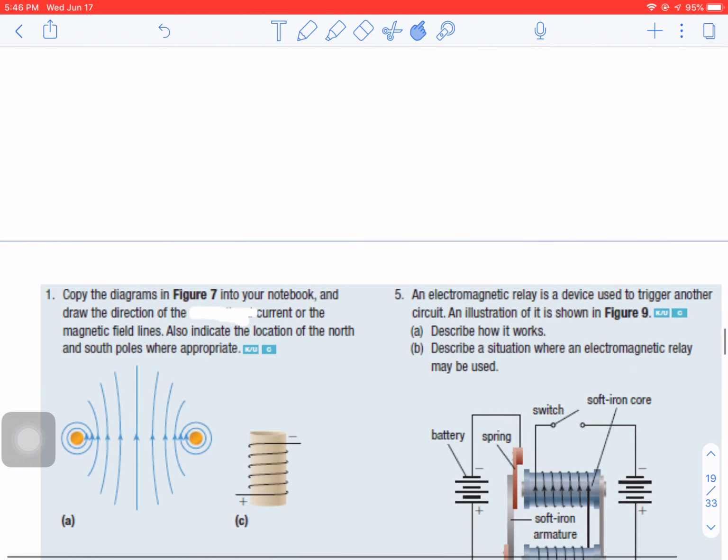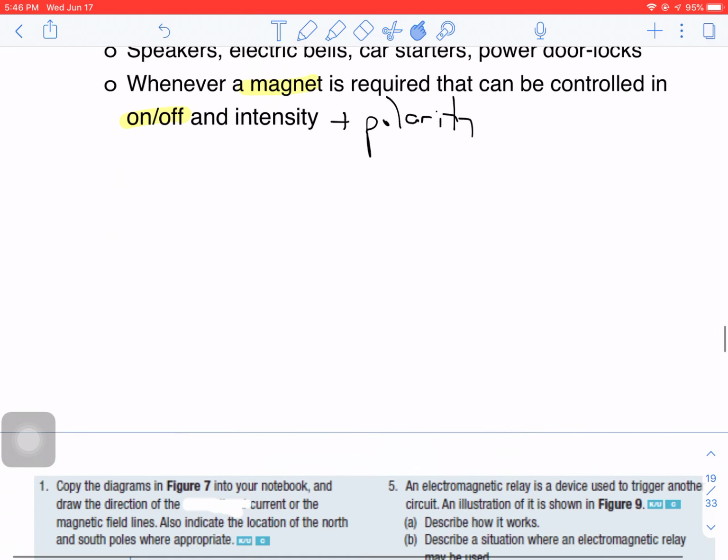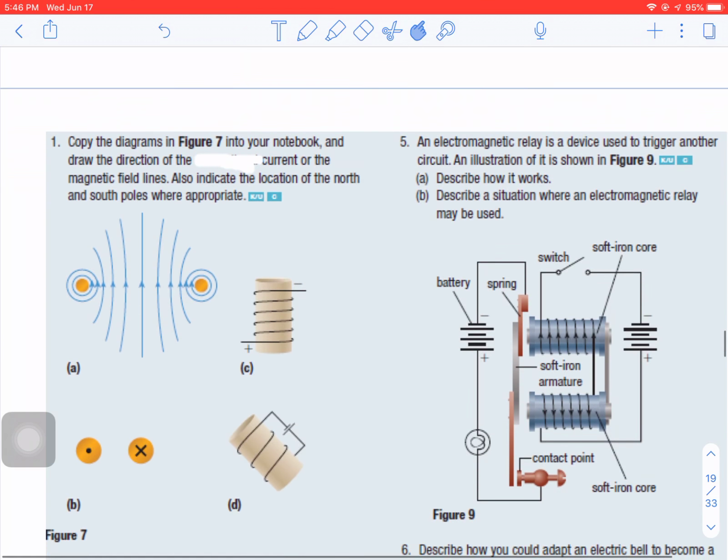All right, so if I look at the picture here for figure 7, I think it says conventional current.